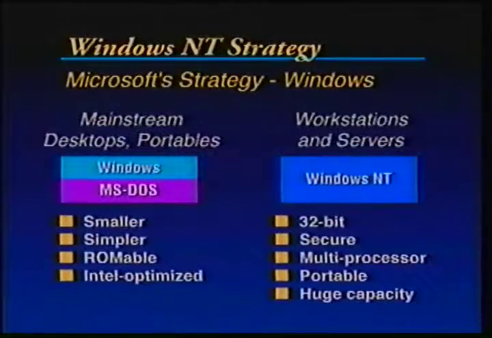It's a 16-bit operating system versus a 32-bit operating system, which is what Windows NT is. It's simpler. It's what I would call ROMable, in that they've been able to reduce the size of DOS and Windows to actually fit on a chip, which is perfect for things like portable computing devices. And it's been optimized for the Intel architecture. It's really not designed for other hardware platforms.